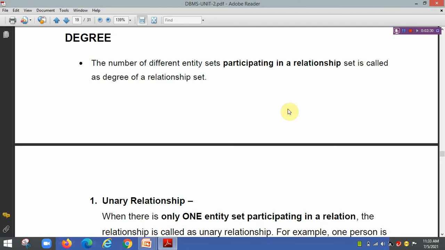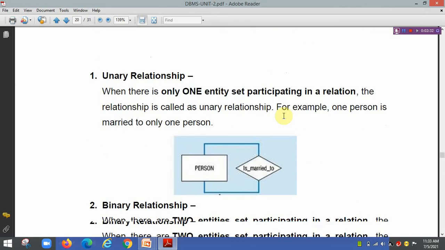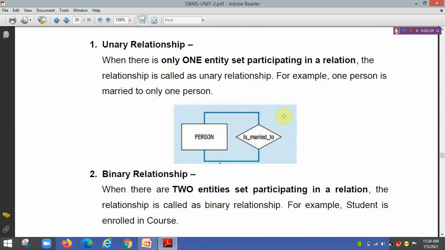Degree can be divided mainly into unary, binary, ternary, quaternary, and the last one is n-ary. So the number of entities associated with a relationship set is known as degree.